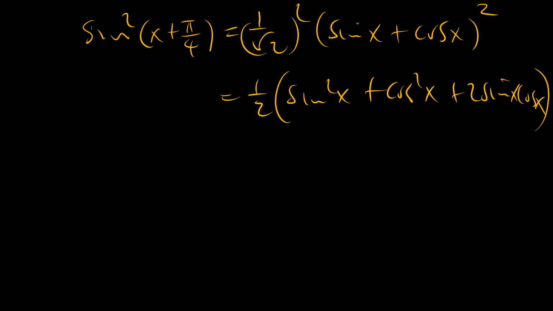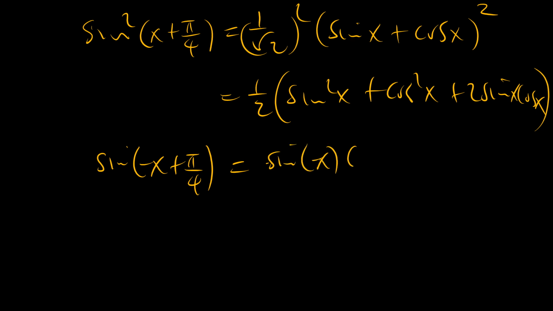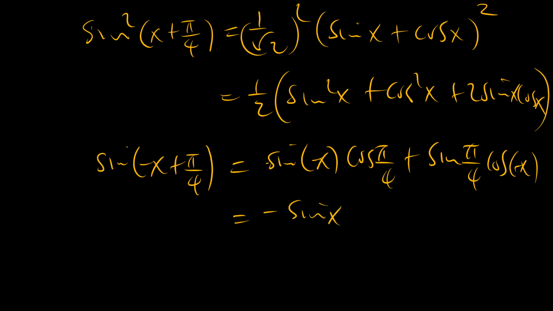Now, however, sine of (negative x plus pi over 4) is equal to sine of negative x cosine of pi over 4 plus sine pi over 4 cosine of negative x. Cosine of negative x is the same as cosine x, but sine of negative x is the same as negative sine x.